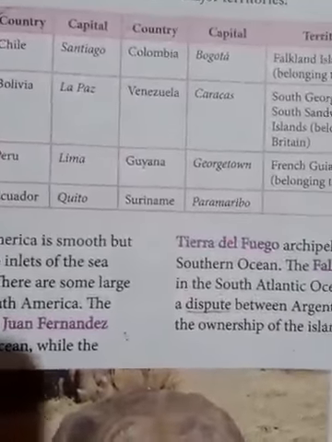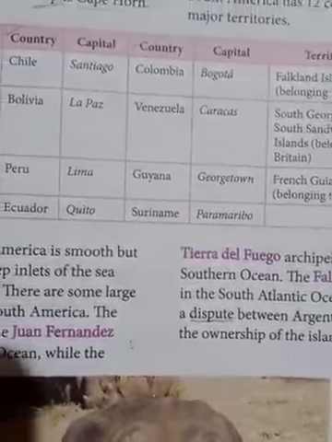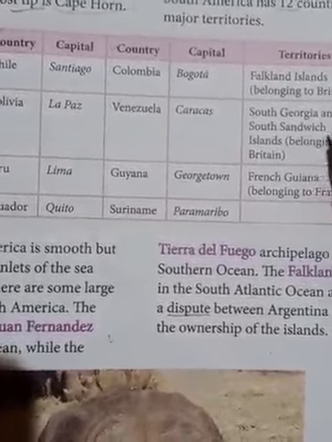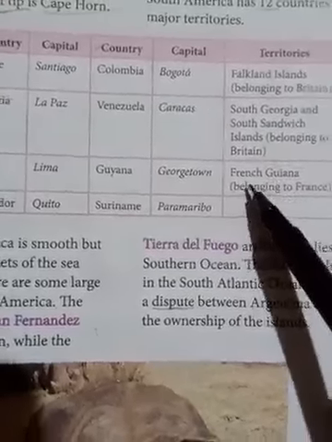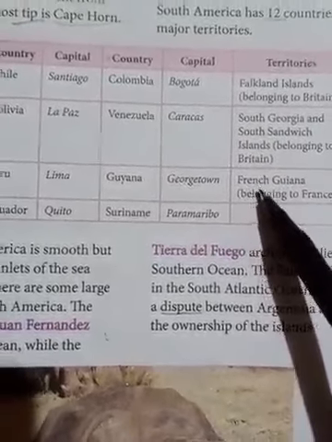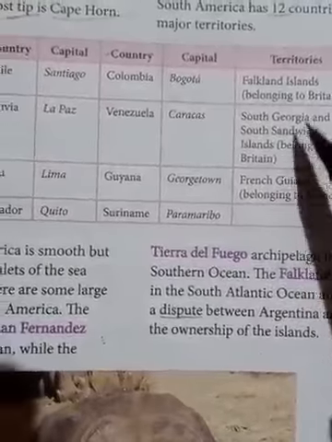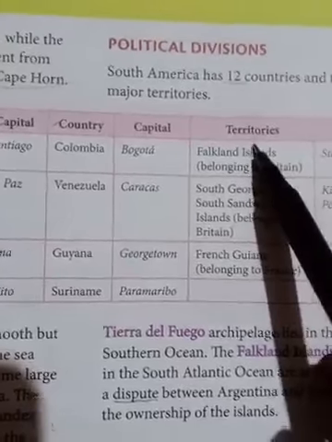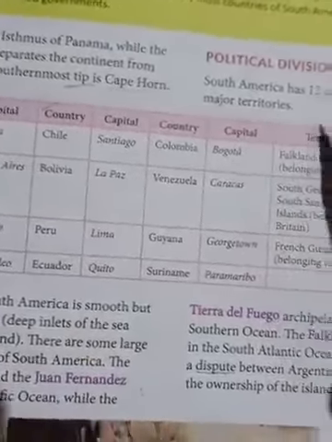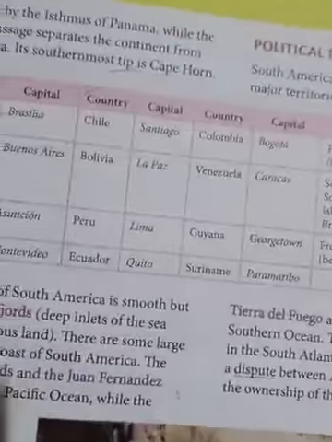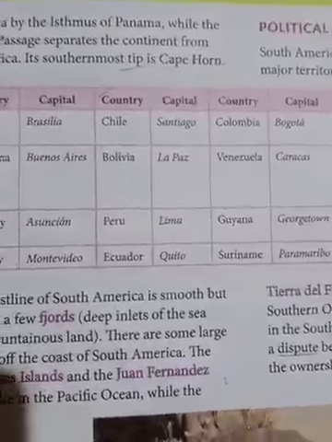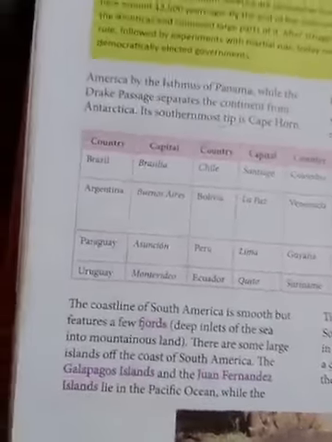And after that, the territories: Falkland Islands, South Georgia and South Sandwich Islands, and one more, French Guiana. These 3 are the territories, and 12 are the main countries. 12 countries and 3 major territories.